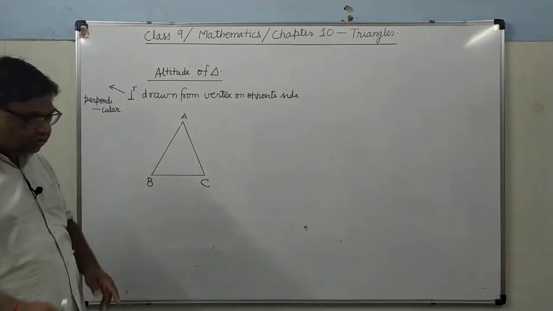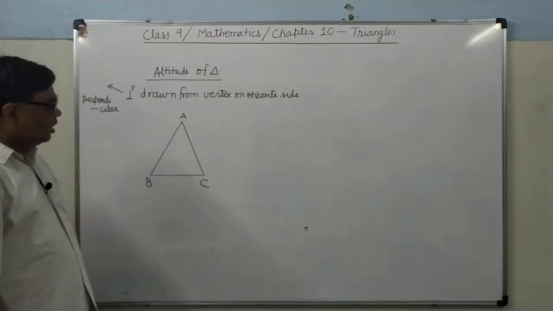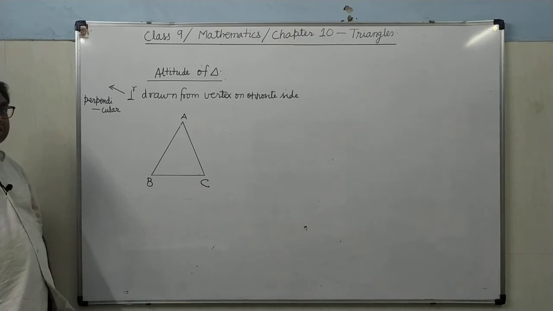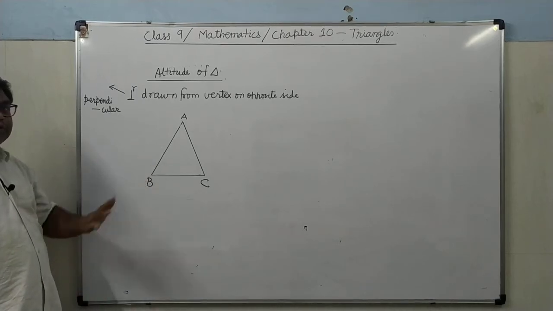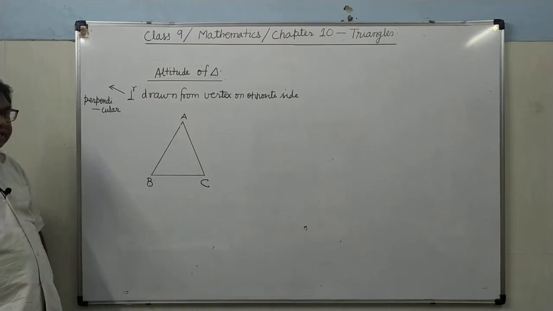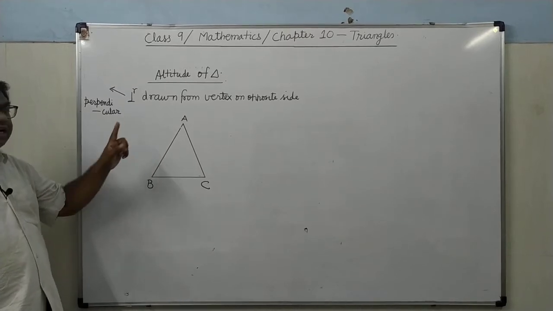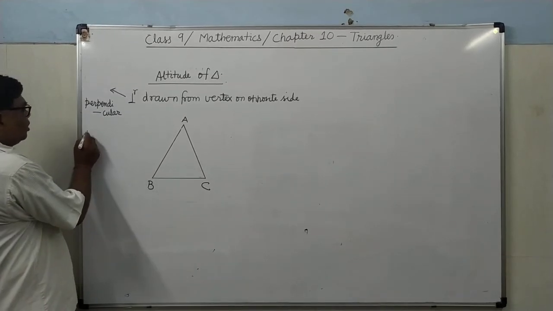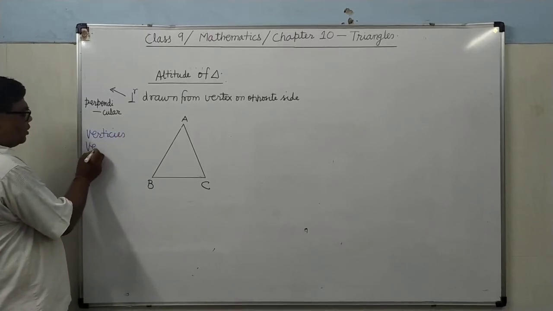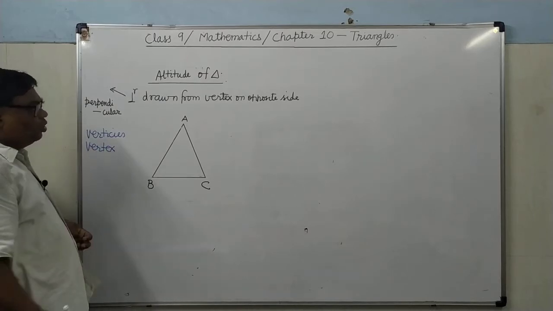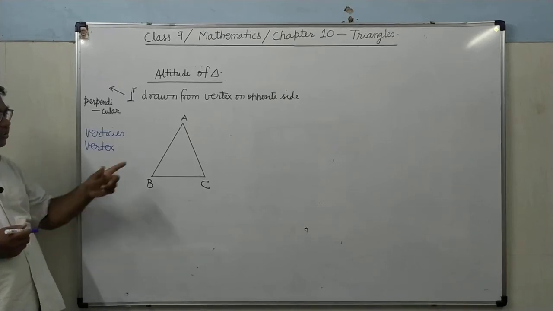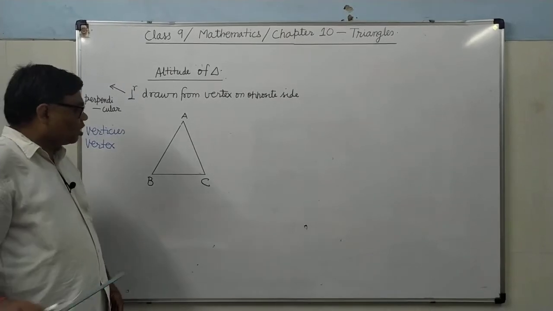The vertices of this triangle are A, B and C. Now from these vertices, you draw the perpendicular on the opposite side. Which side is opposite to the vertex A? Vertex is singular and vertices is plural. It is BC. From A you draw the perpendicular on BC.